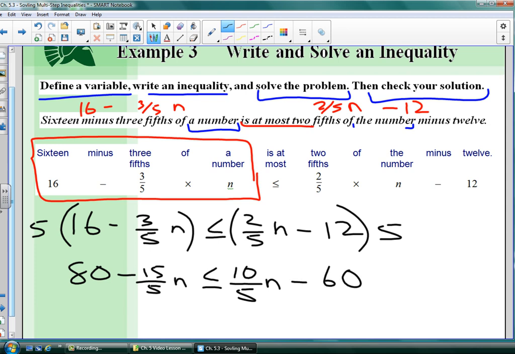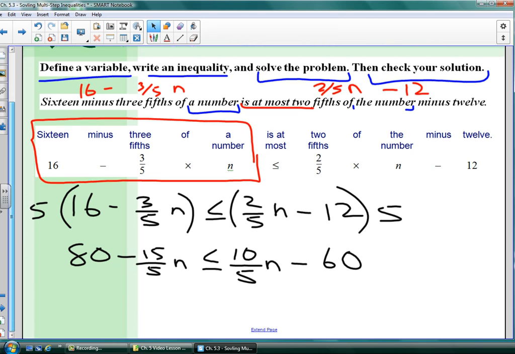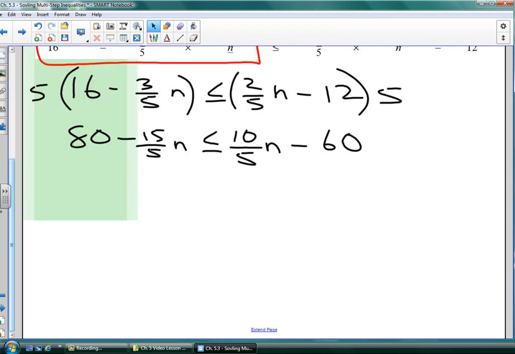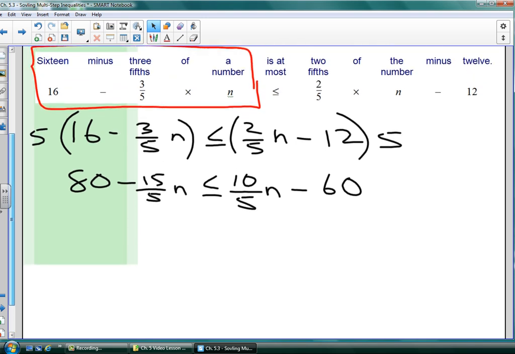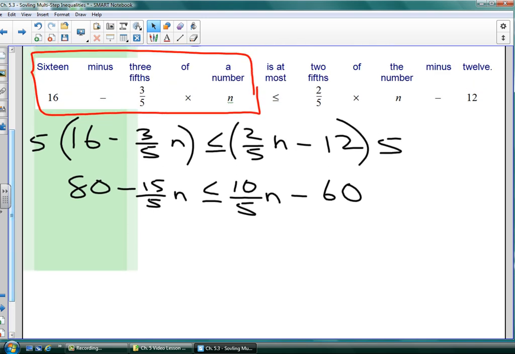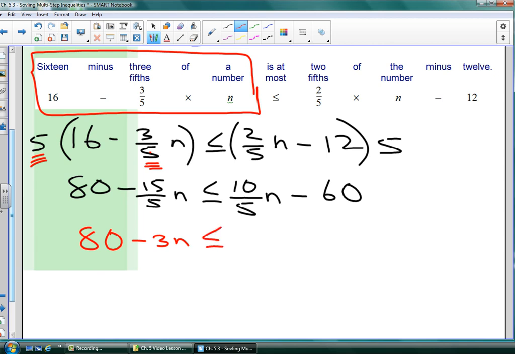And so now I want to recognize that when I multiply by the least common denominator on both sides, what it does is clear my denominator. And how does that happen? I have 80 now minus 15 divided by 5 is 3n. Notice you end up with the same numerator if you pick the same thing for your denominator as you have for your least common denominator. Is less than or equal to 10 divided by 5 is 2n minus 60.